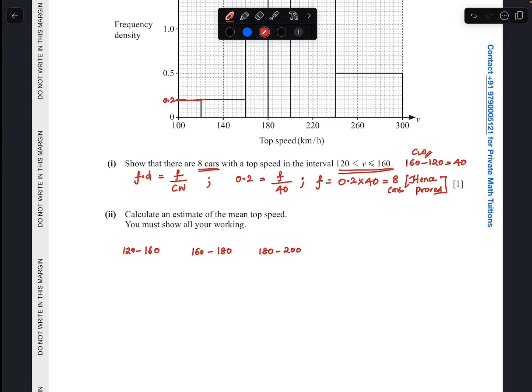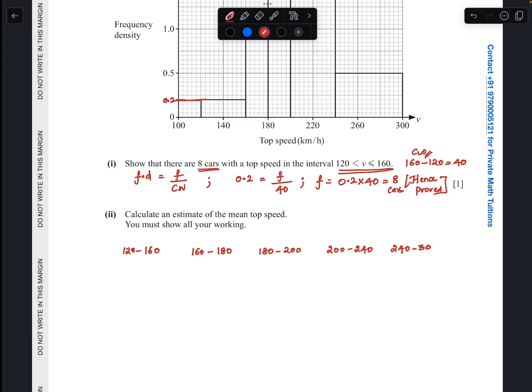So these are the groups given in the graph. So I'm just taking it down. 160 to 180, 180 to 200, 200 to 240. Then the last one, 240 to 300.